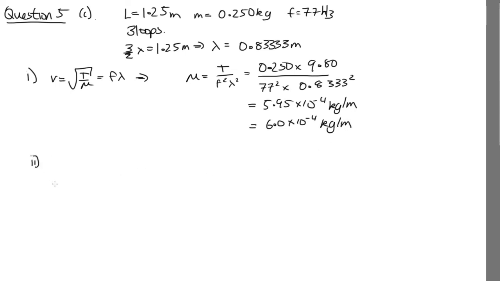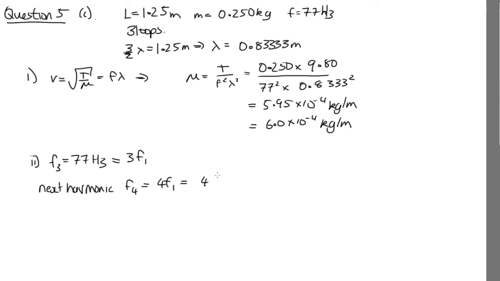Okay, now part 2 then says, what frequency will the frequency generator need to be set to in order to observe the next harmonic? Okay, there's a number of ways that we could do this. We could work out the wavelength for the next harmonic. Another way to do it is to realize that at the moment it's the third harmonic, and that's 77 hertz. And that is equal to 3 times the first harmonic. The next harmonic will be the fourth harmonic, and that will be 4 times F1.